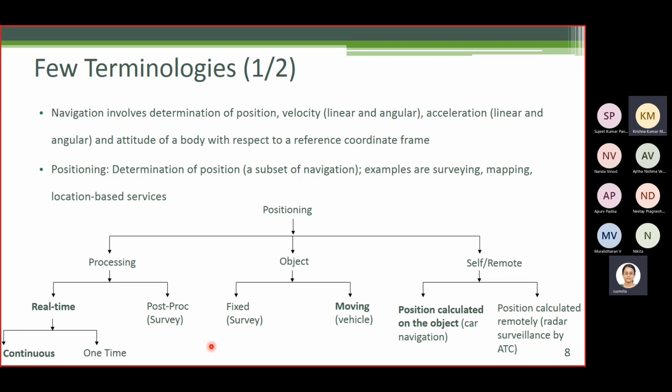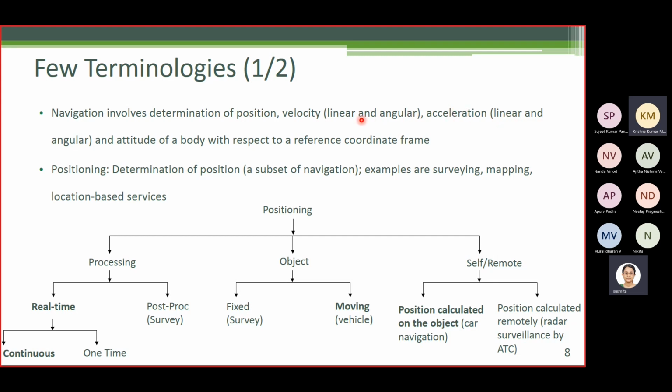So let's discuss some terminologies related to navigation. Navigation involves determination of position. Earlier we mentioned only position and velocity, but it has other quantities also: position, velocity, which can be linear and angular, and acceleration, linear and angular.